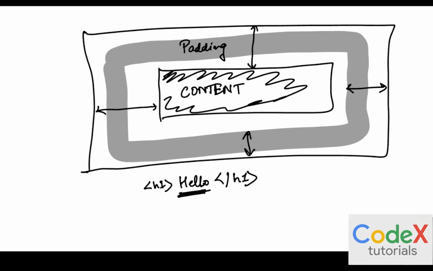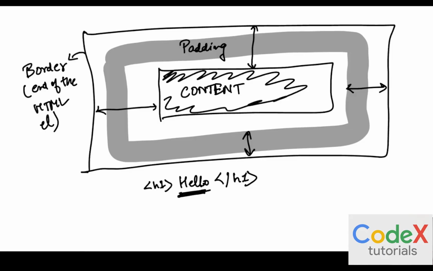Now, the next thing that comes into the box model is the border, and this is pretty self-explanatory. A border signifies the end of the HTML element. That is the last leg of any HTML element to take up any space inside of the layout itself.